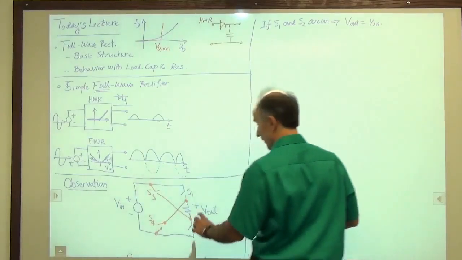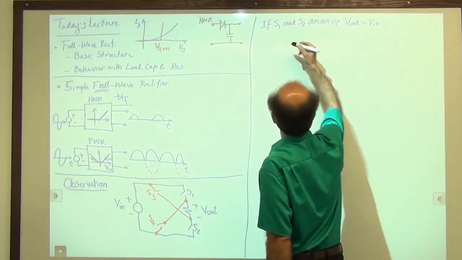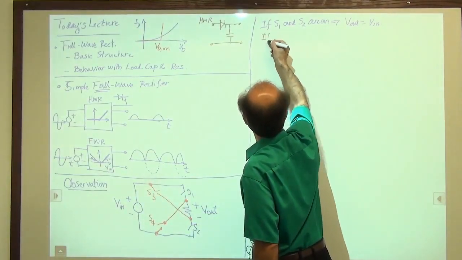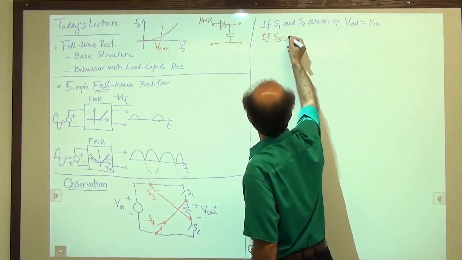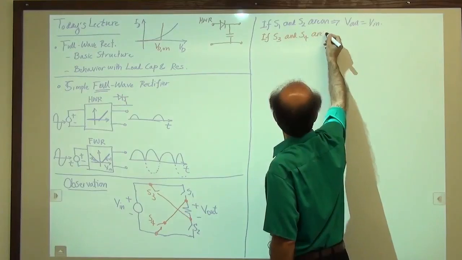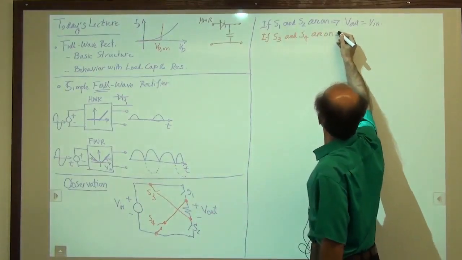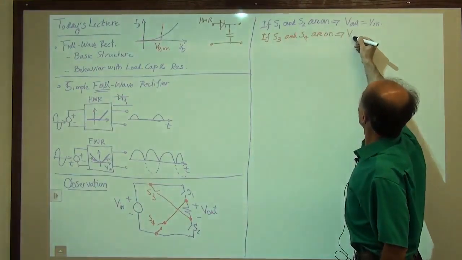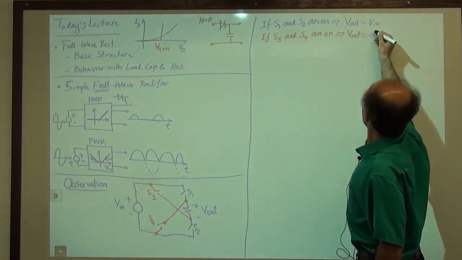Or the voltage that we are measuring is flipped, right? So we say if S3 and S4 are on, and of course the other two are off, then we have Vout equal to minus Vin.